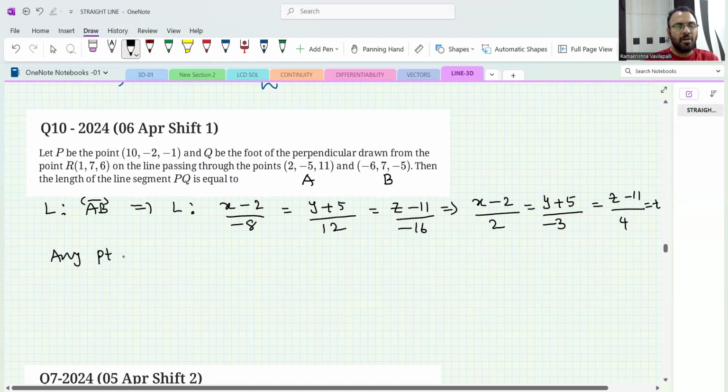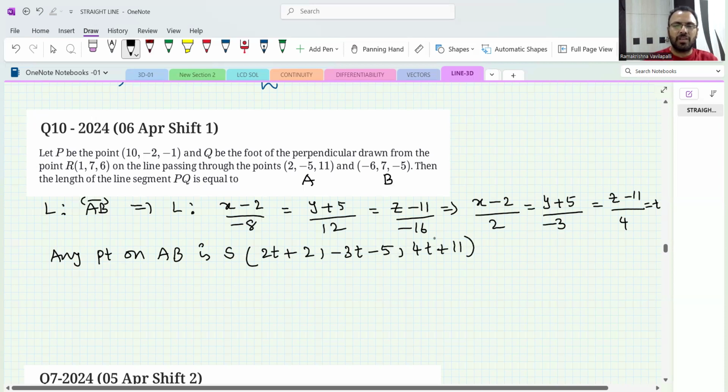Any point on AB, you can say that point is some S. You can write that as 2t plus 2, minus 3t minus 5, 4t plus 11.